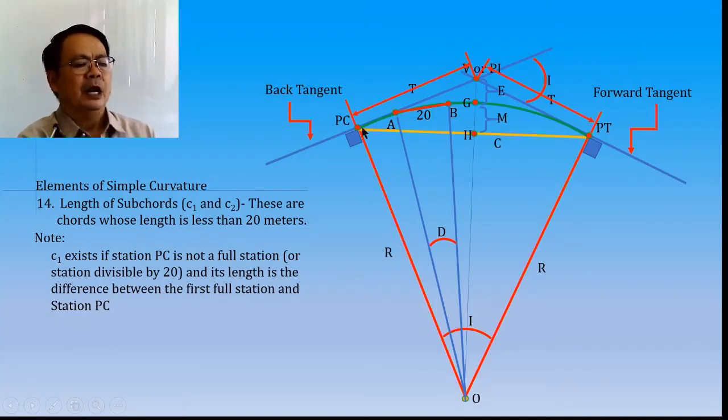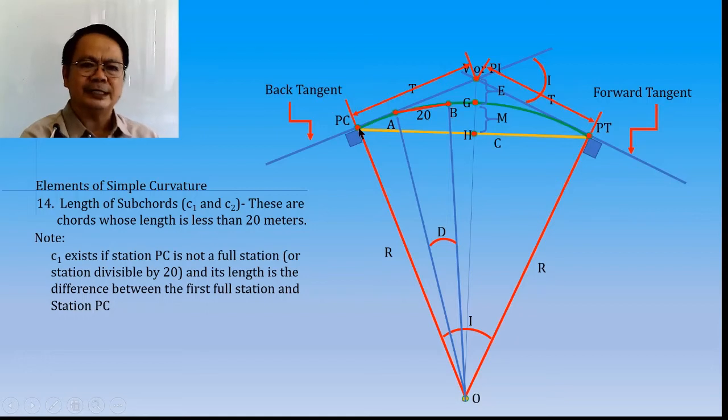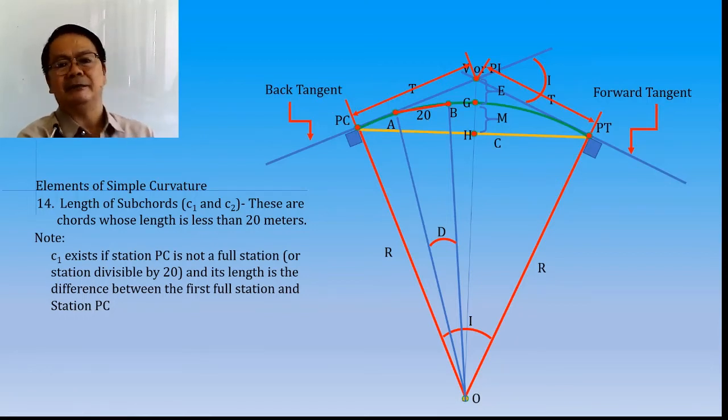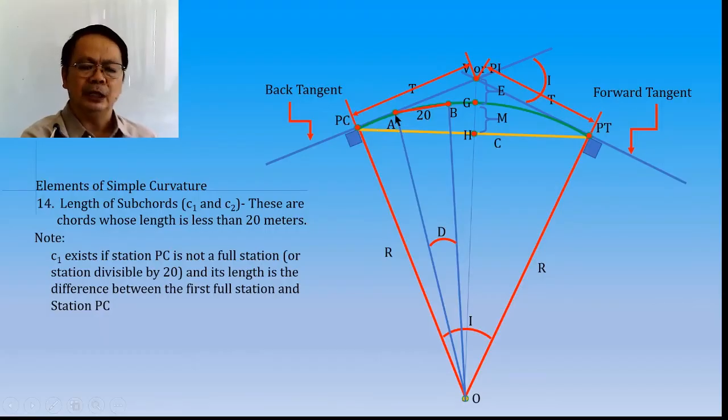Halimbawa, ang pinatakan ng PC ay 45. Ang first number that is divisible by 20 after 45 is 60. So itong point na ito, first full station shall become as 60. And the difference between 60 and 45, which is less than 20, yun yung tinatawag nating sub-chord.